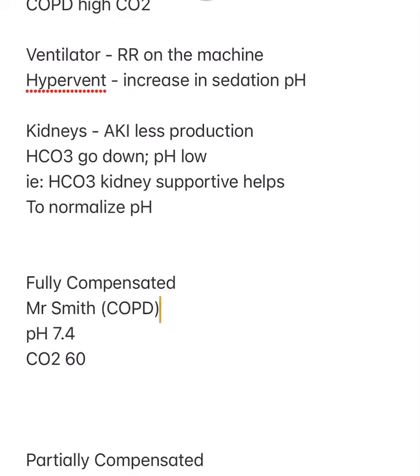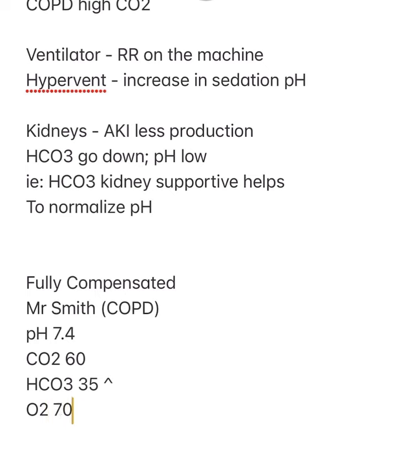The bicarb of Mr. Smith is 35, so it's definitely increased. And O2 is 70, so he's not hypoxic, he's within normal. We call this ABG fully compensated because the main factor is the pH is normal.